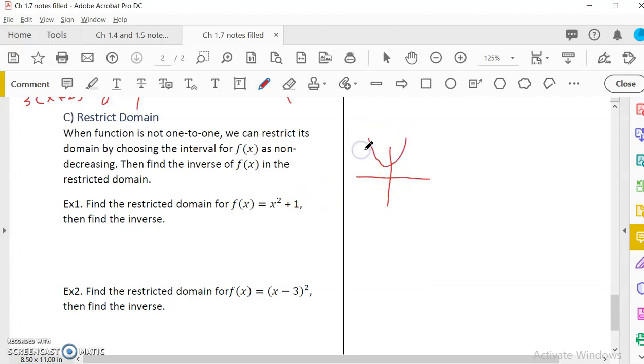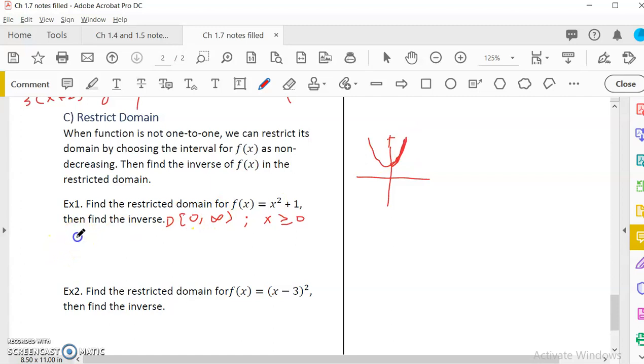You can see that when you do the horizontal line test, it's not one-to-one. But if I just restrict the graph to the positive side, so I restrict the domain to 0 to infinity for x, when x is greater than or equal to 0, then this becomes one-to-one, and I can solve for the inverse.